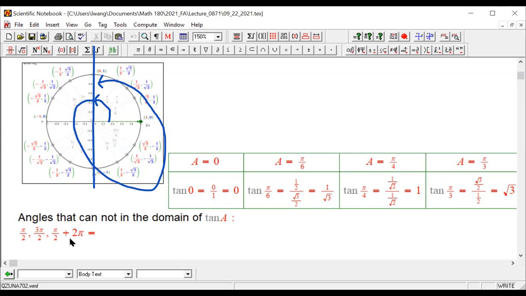The common denominator is 2, plus 4 pi divided by 2. And that's going to be 5 pi over 2. Does everybody follow me? So it cannot be pi over 2, it cannot be 3 pi over 2, it cannot be 5 pi over 2. Anybody has any question? Will the list go on?